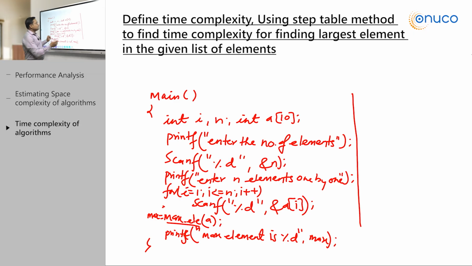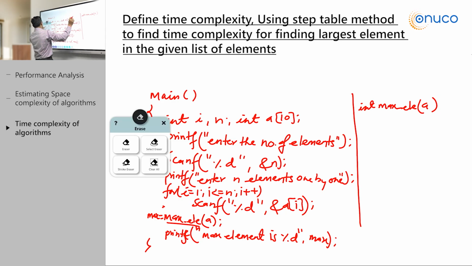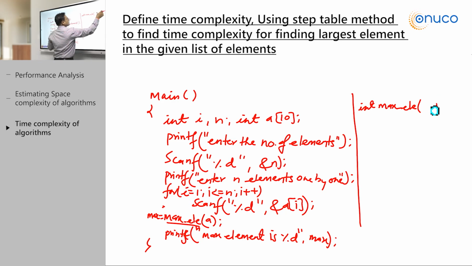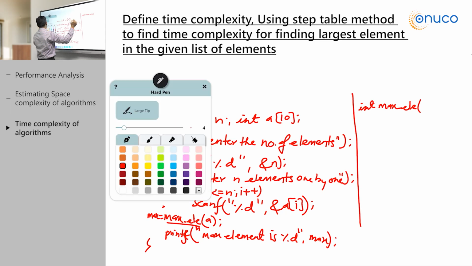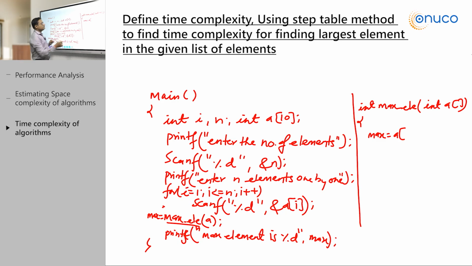For that reason, if you are defining the max here, say here we have an int max element, along with the parameter int a, and say consider your max is a of 0, or whatever the array we have defined, a of 1 is a max element.